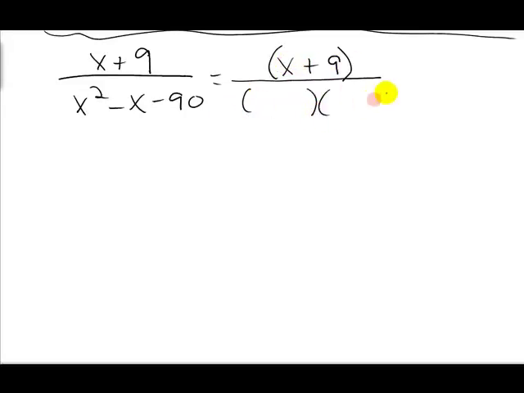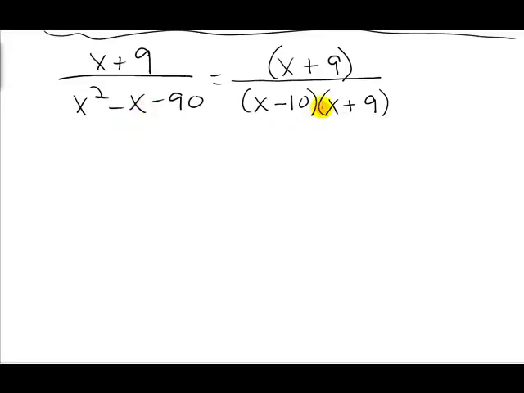At the bottom, we're factoring a trinomial. I know that the first part will be x and x. I've got a minus at the end, so that means one of these will be minus, one will be positive. When I do subtract, I get 1 in the middle. So 10 times 9 gives me the negative 90, and when I combine that, I get negative 1.